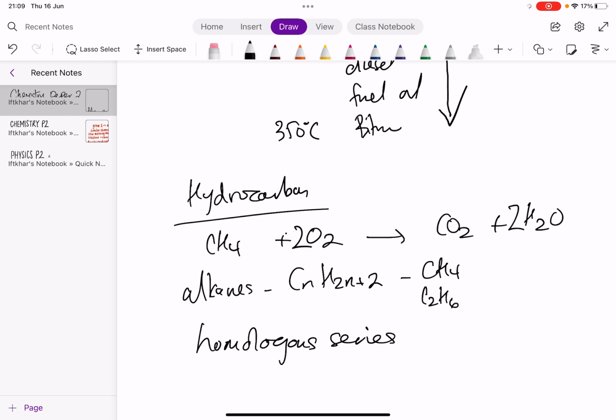Each successive member differs by CH2, and there's a gradual variation in their physical properties, i.e. boiling points increase as the size of the molecule increases. However, they have the same or similar chemical properties.